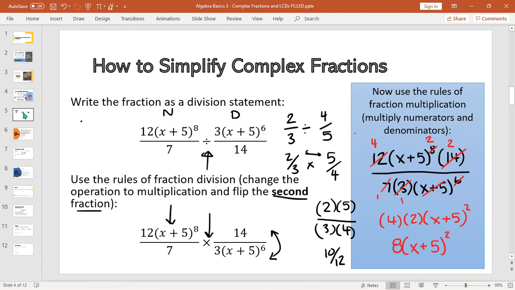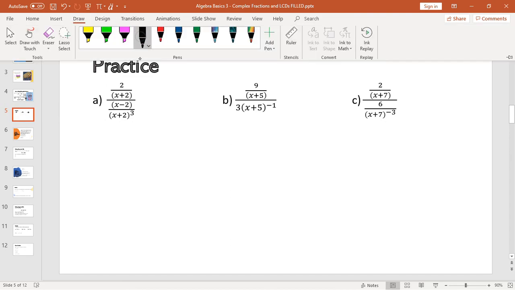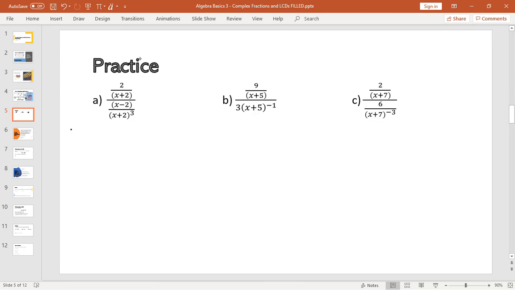So let's do some practicing. Alright, number 1. Back to my original pen. First things first, rewrite it as elementary school division with that dividing sign in the middle. So I've got my x plus 2, that's my numerator. I'll replace that main fraction bar with a division sign, and then I'm going to write my original denominator as a second fraction.